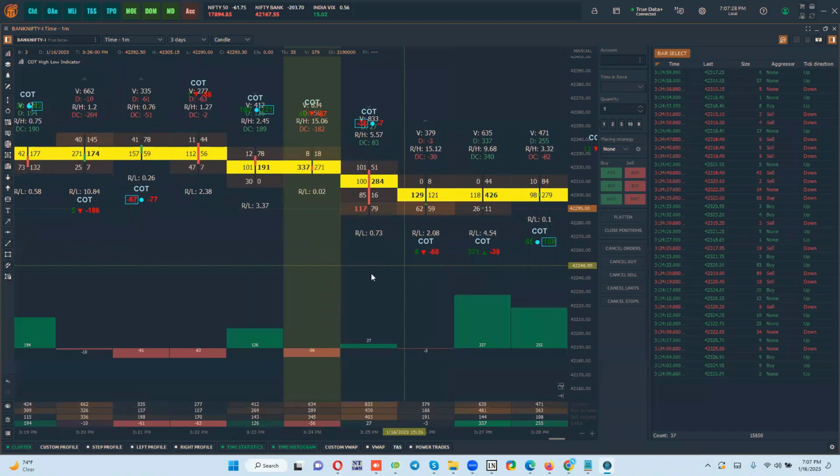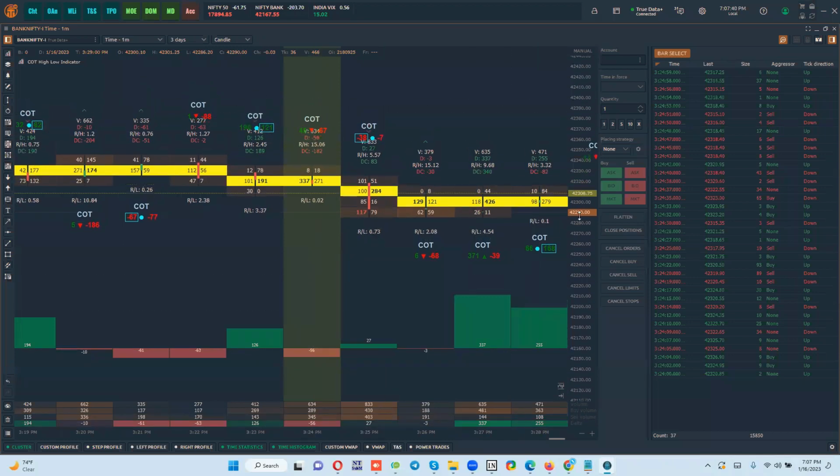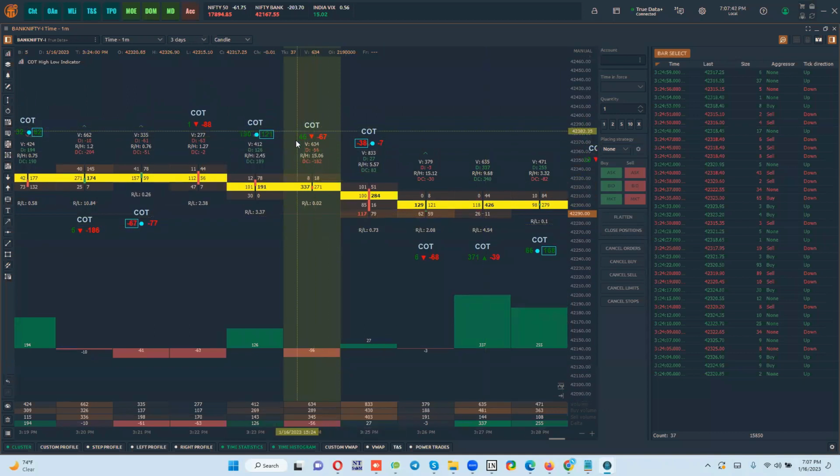Out of that, 289 lots were traded by the buyers at market and 345 lots by sellers at market, with a net delta of 56 lots. If you go here, you can see COT 45 and COT minus 67.